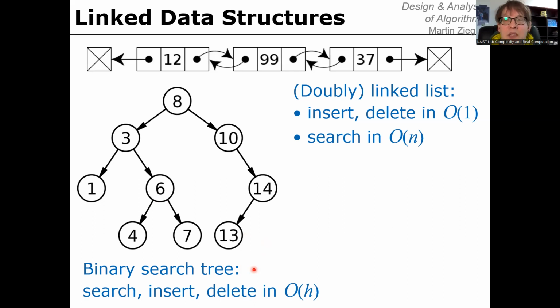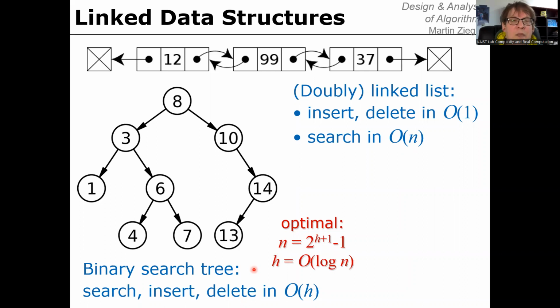And what does it mean to be optimal? A binary tree with height h can have up to n equals 2 to the h plus 1 minus 1 elements, so up to exponential. And that means conversely that the height must always be at least logarithmic, and in an optimal binary search tree, that height is asymptotically equal to this optimum.